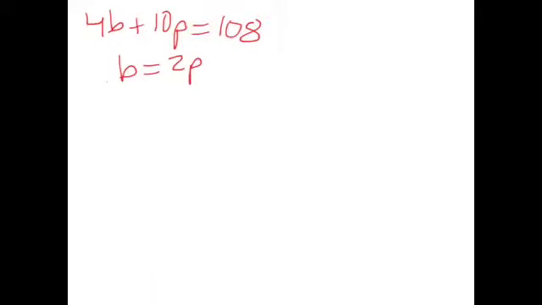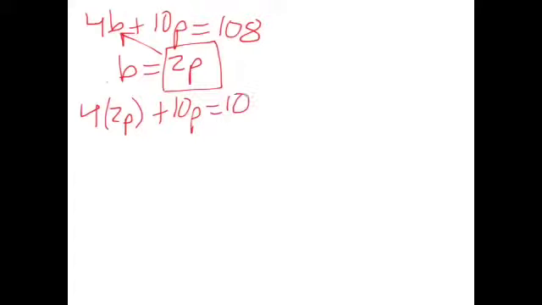So now I have my system here, and I'm already set up for substitution because B is 2P. I'm going to substitute that in for B right there. And I'll get 4 times 2P plus 10P equals 108. Make sure you distribute that, or just times it through. 4 times 2 gives you 8.